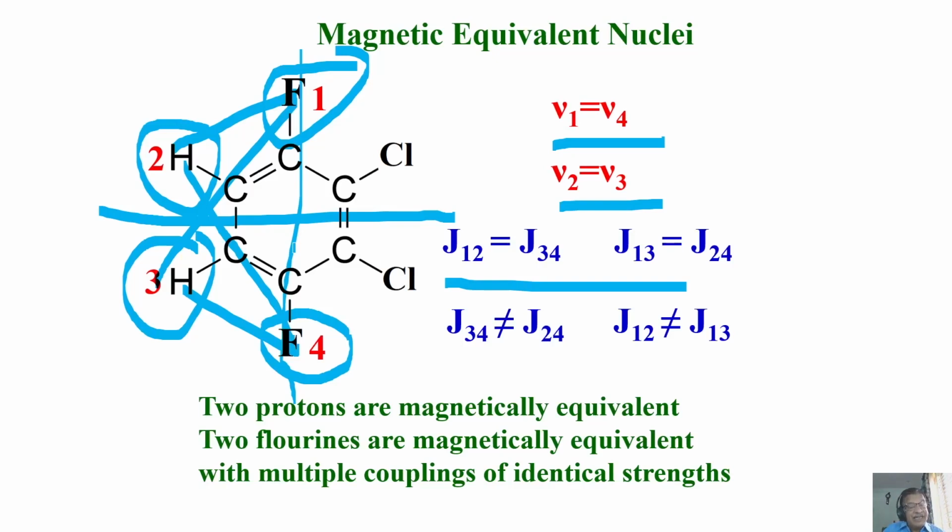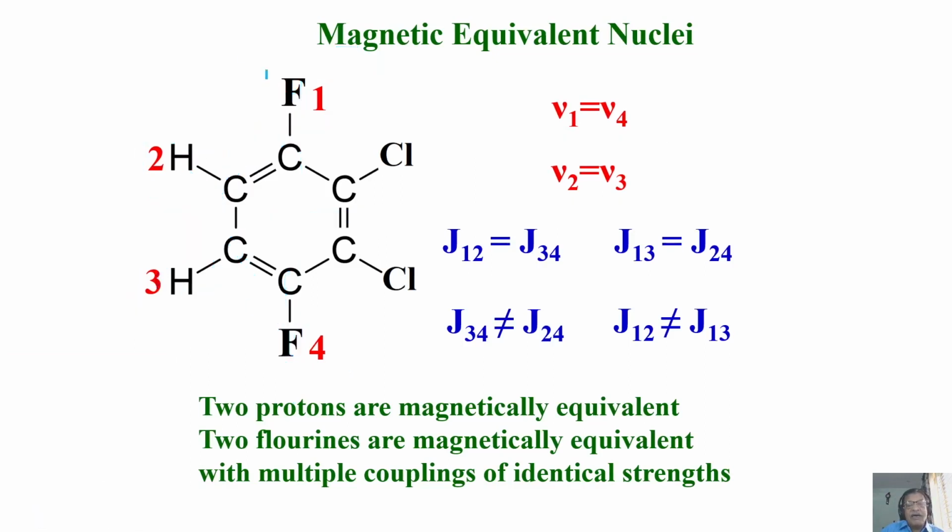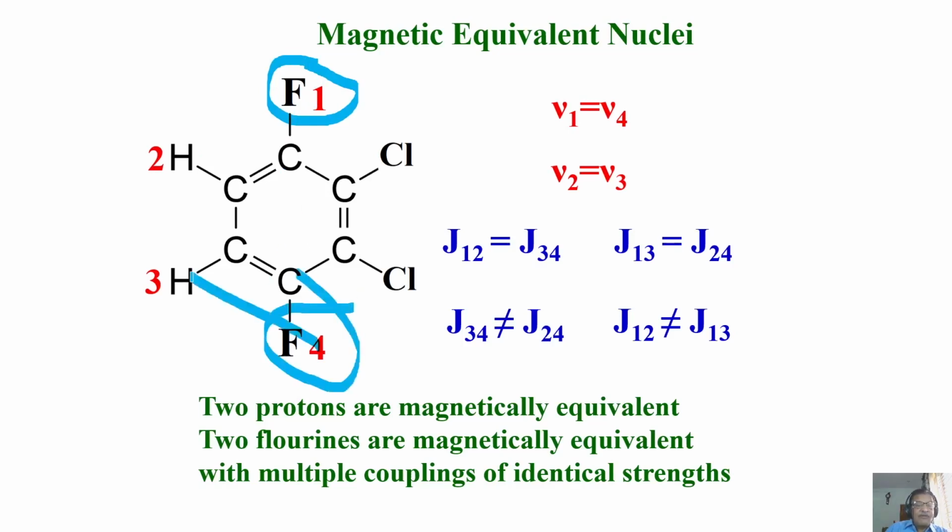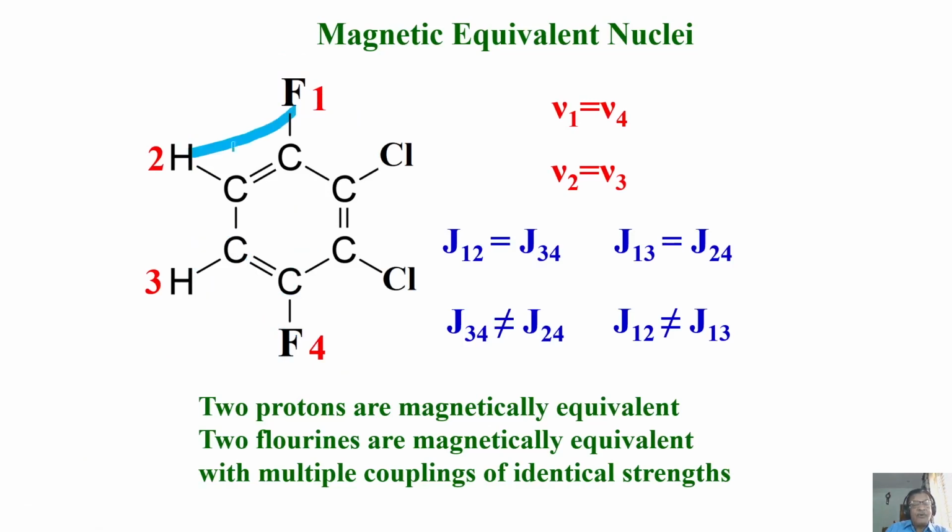Imagine, there can be a situation where we have magnetically equivalent nuclei, but with multiple couplings in the same molecule. Look at this one. I'll remove all these highlighters. This coupling and this coupling are the same, so you can forget about the others. You take only fluorine. Fluorine has 1-2, 1-3, 1-4, 3 couplings. Similarly, you take this one: 3-4, 2-4 and 1-4. There are 3 couplings. They are identical. Now go back to protons. Proton 2 has 2-1, 2-4 and 2-3 couplings.